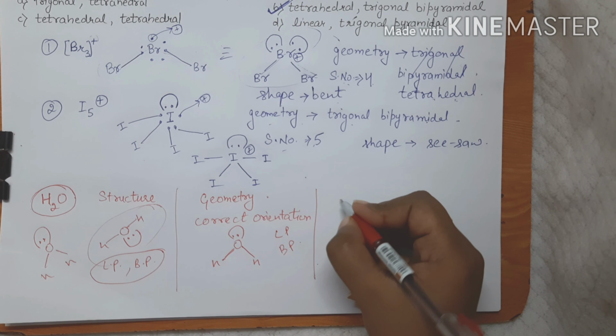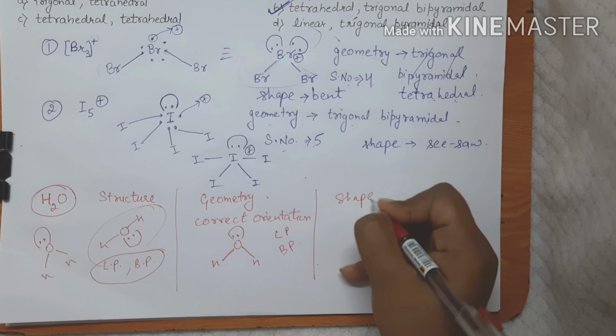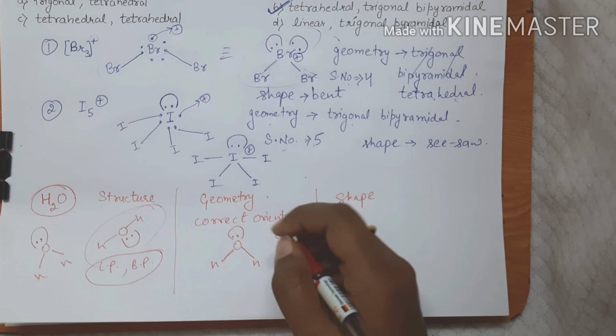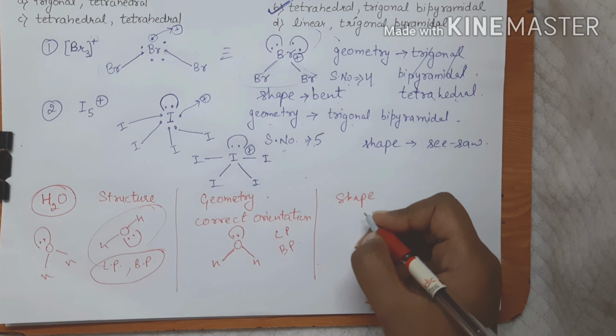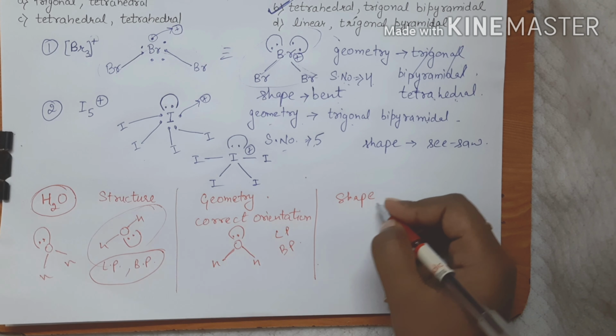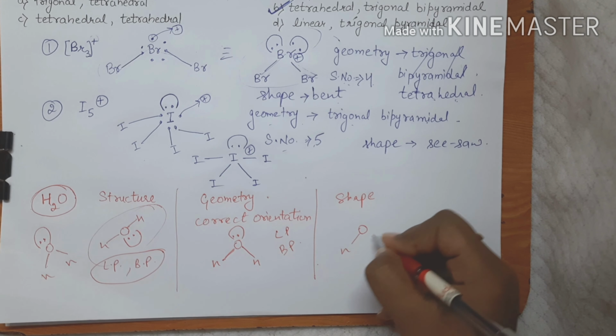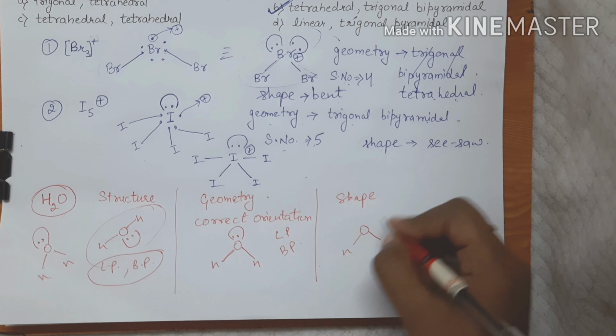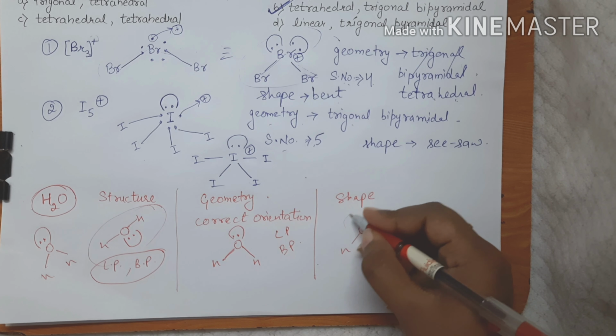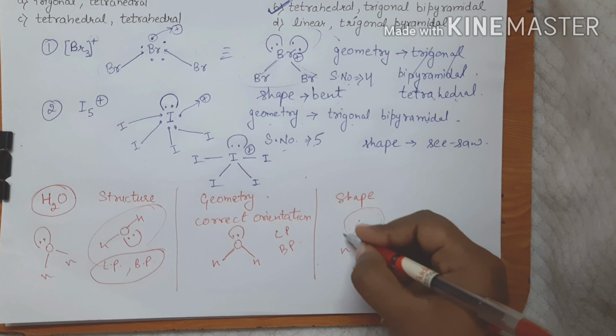Now if I talk about the shape of molecule, in case of shape of the molecule, it is the most correct drawing, because we know that lone pair is not present at a specific space, right? It is like an electron cloud which is present over oxygen.